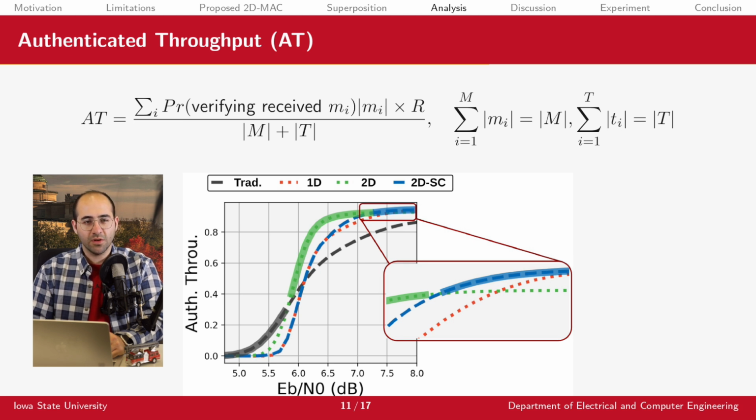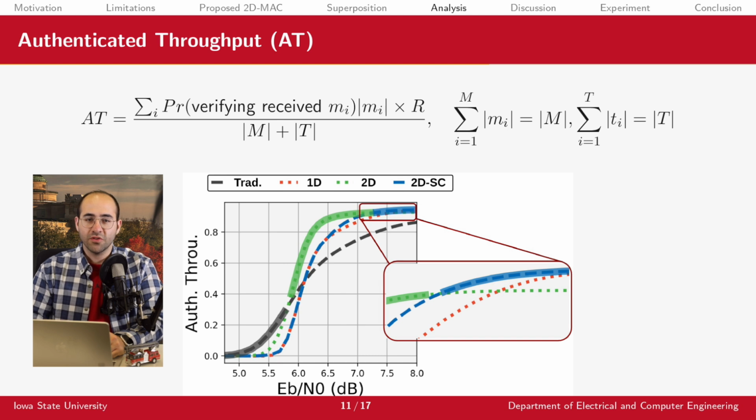R is the channel coding rate, and the probability of verifying received M_i is the probability that the message i is decoded and verified successfully. The denominator M plus T accounts for how many bits were sent in total: message plus tags. In a lossy channel, the probability of verifying M_i depends on the per-packet error probability P_E for the message and the P_E of its associated tags.